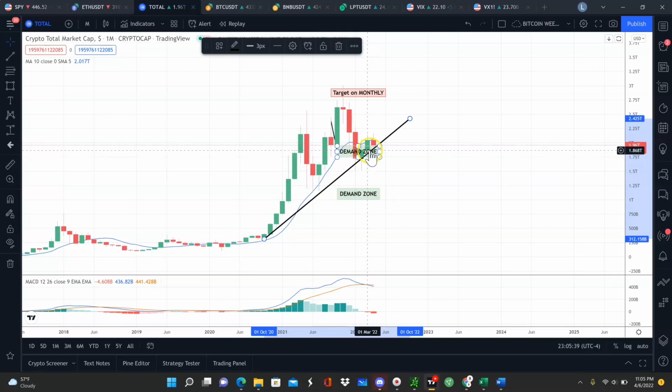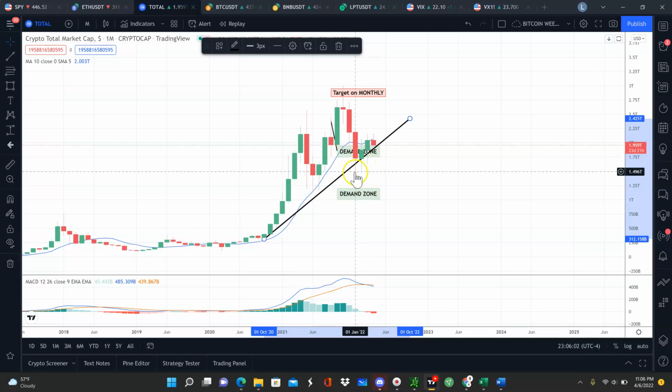If that 1.88 trillion gives way, then maybe it comes down to the bottom of this demand zone, or maybe lower. The bottom of that zone is about 1.75 trillion, and anywhere below that, the buyers' money really starts to pour into the crypto markets.